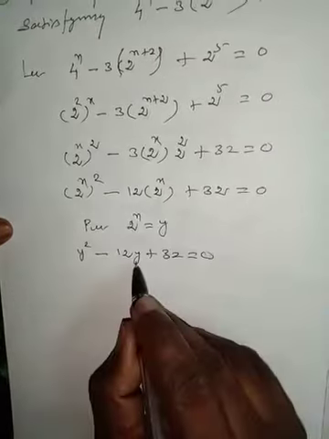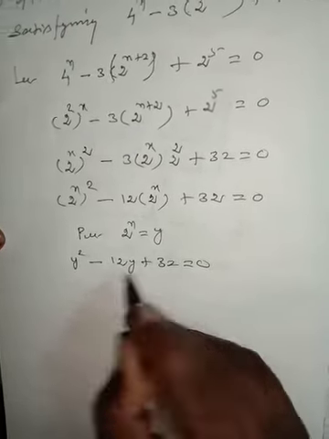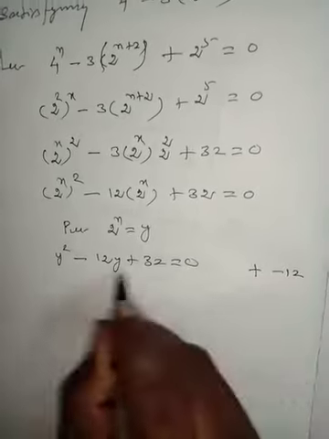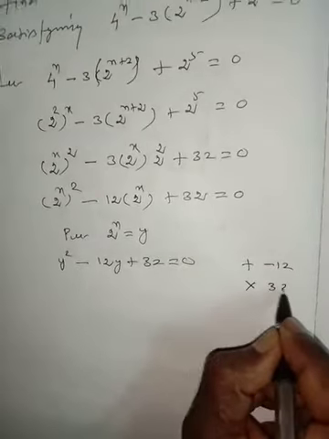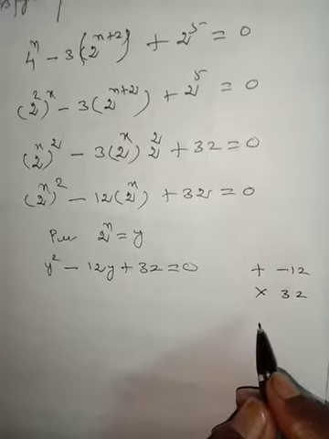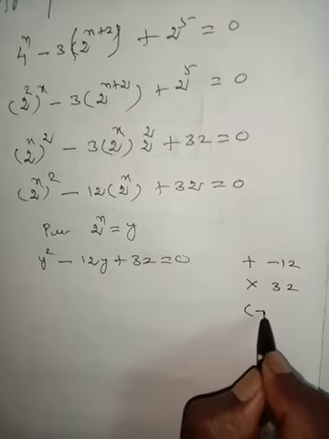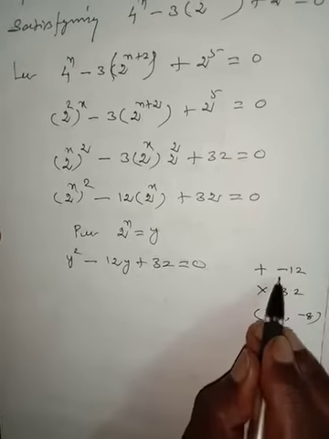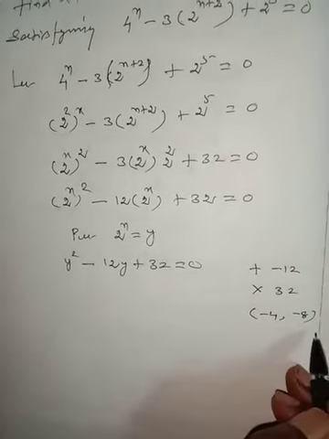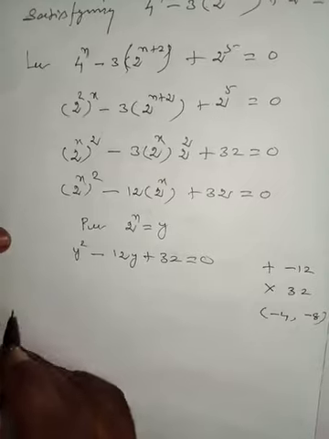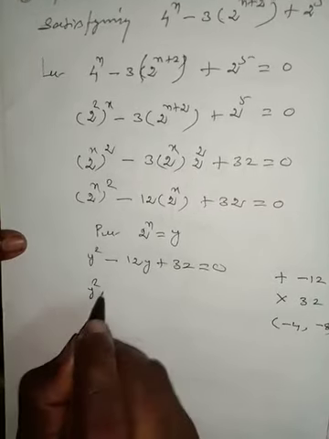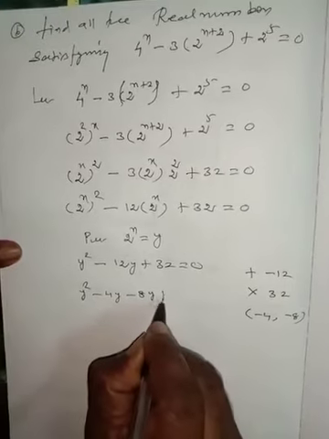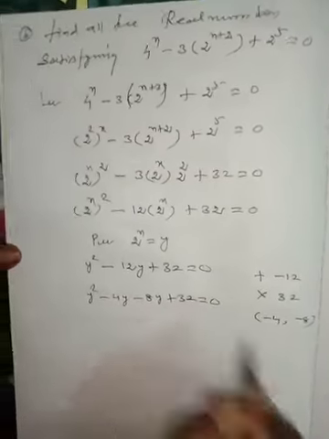First, coefficient of y term adding gives minus 12, product gives 32. The numbers are minus 4 and minus 8. Adding these two gives minus 12, product gives positive 32. Therefore, y square minus 4y minus 8y plus 32 is equal to 0.